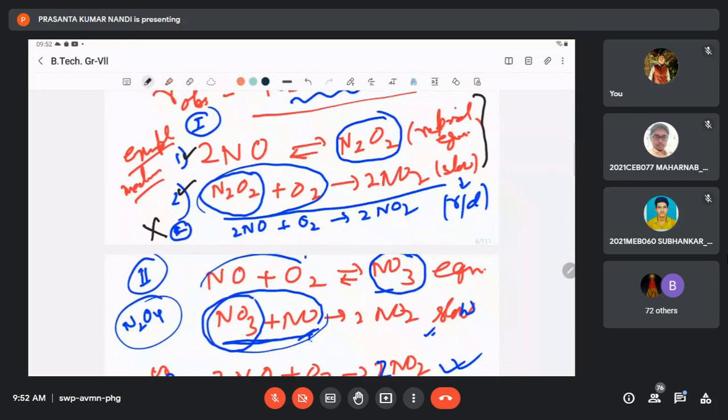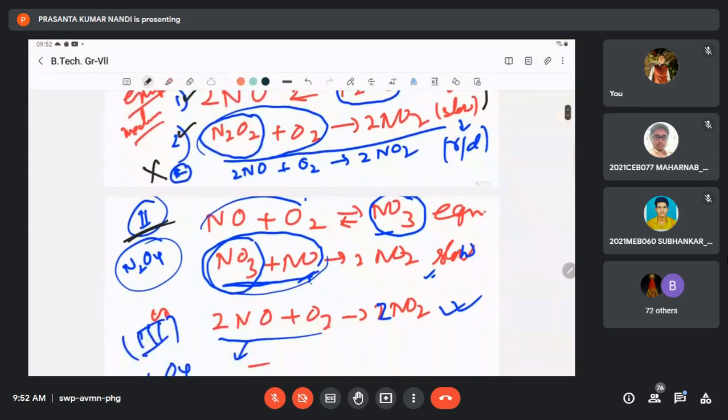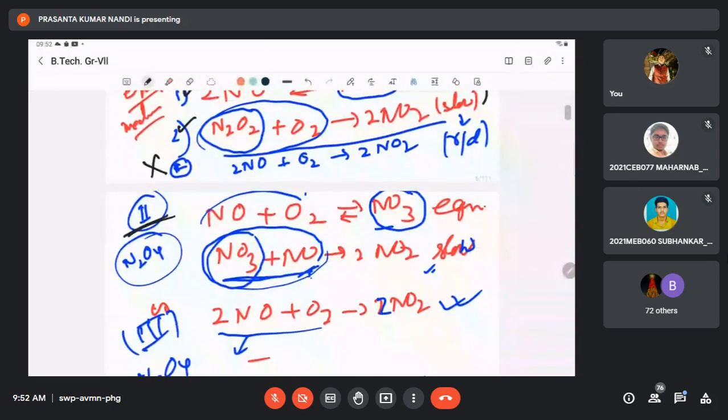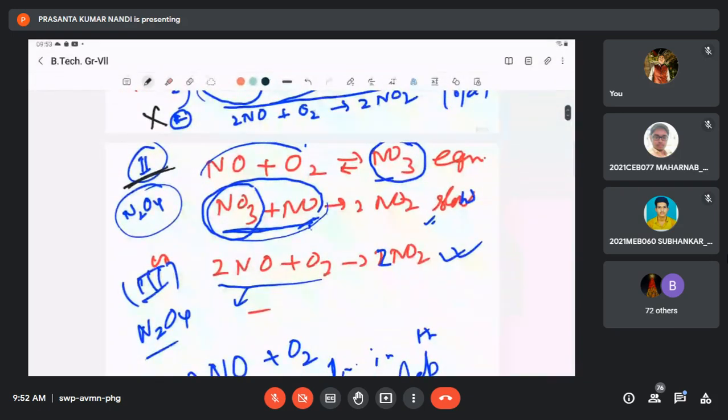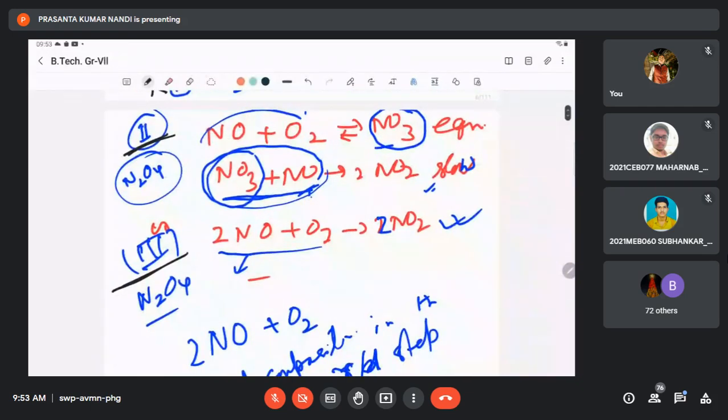This is the first case, second case. This is a two-step mechanism: NO to NO3 equilibrium, followed by a slow step, NO3 plus NO2 to NO2. And third is another reaction mechanism, like a single step reaction, NO plus O2 to NO2 directly.